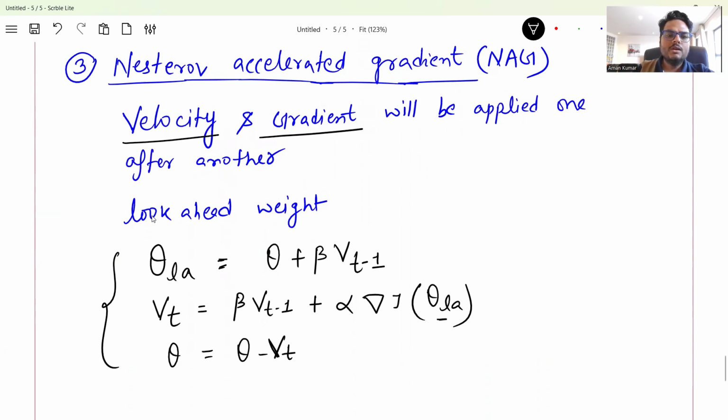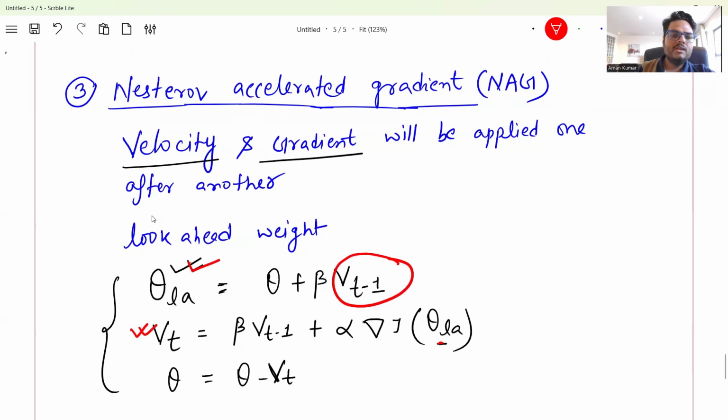Look ahead weight is computed on the basis of previous velocity. We get a look ahead weight and then we take the gradient of the look ahead weight to derive the velocity. So velocity and gradient both are getting applied, but not at the same time, one after another.